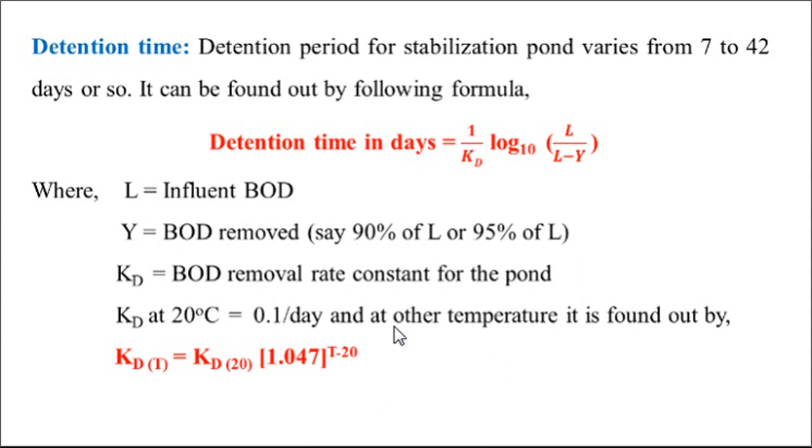Detention period. This is one of the important parameters as far as treatment of wastewater is concerned. Detention period for a stabilization pond varies from 7 to 42 days or so, and it can be calculated by the formula: detention period in days is equal to 1 upon kd into log to the base 10 of (L divided by (L minus Y)), where L is the influent BOD, or BOD of the incoming sewage.